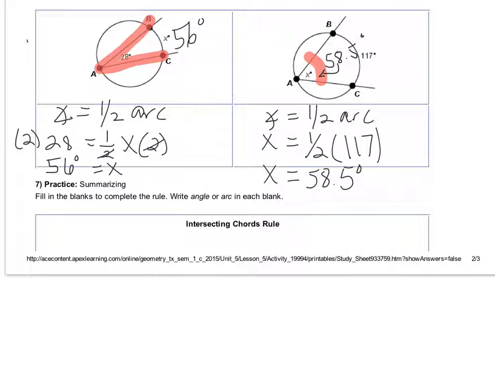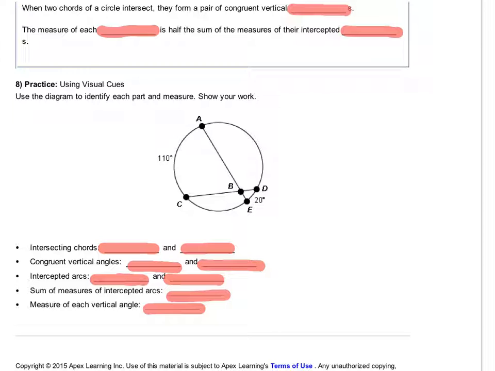Okay, on the next page, we're going to fill in the blanks to complete the rule. We're going to write angle or arc in each blank. When two chords intersect, they form a pair of congruent vertical angles. So on this line, you would put angles.